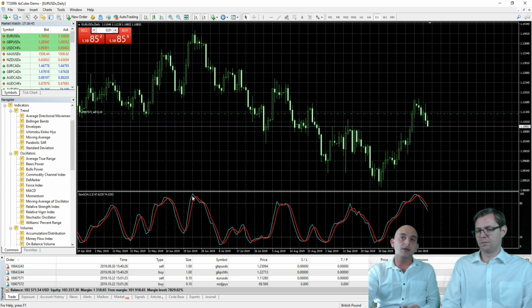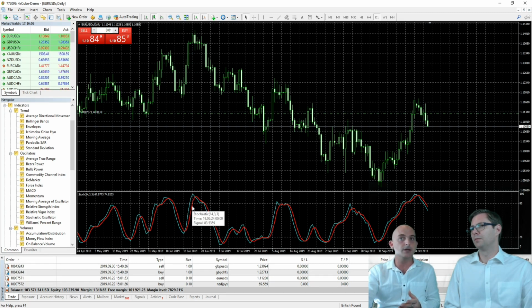So when we see the stochastic crossing over the percentage D reading and the percentage K reading, or the blue line and the red line, when the blue line crosses through the red line, we're seeing that price action is speeding up.